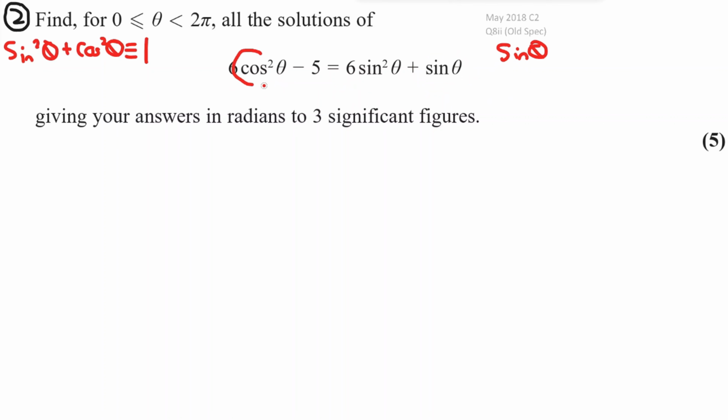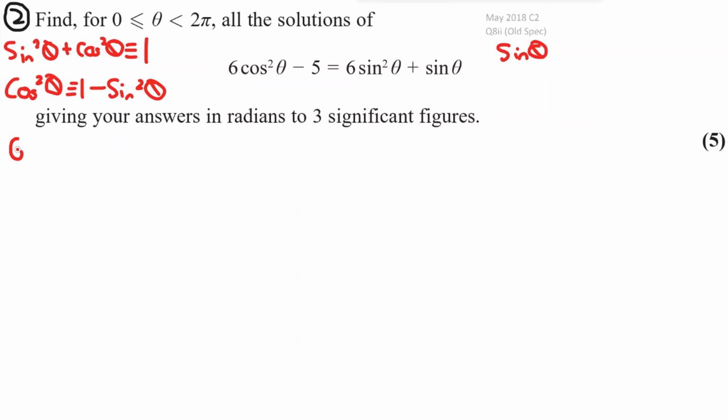So we want to get rid of this here, and we can do this by rearranging to make cos squared theta the subject. So this becomes cos squared theta is equivalent to 1 minus sin squared theta, and then sub this in for the cos squared theta.